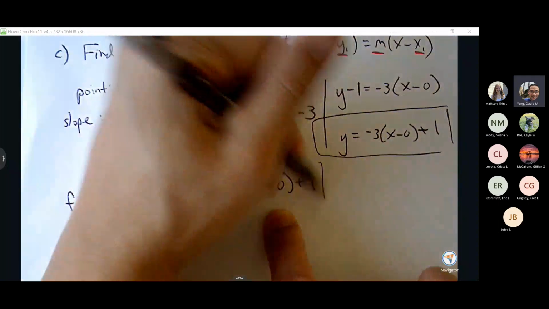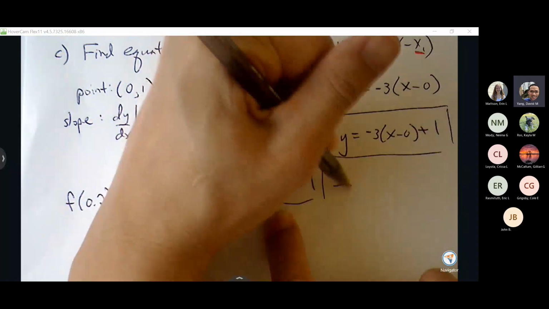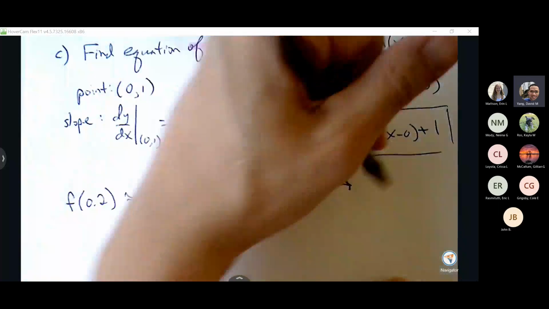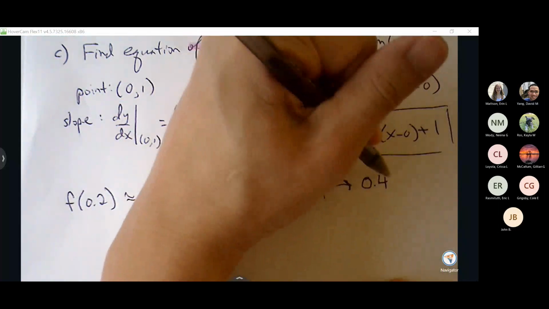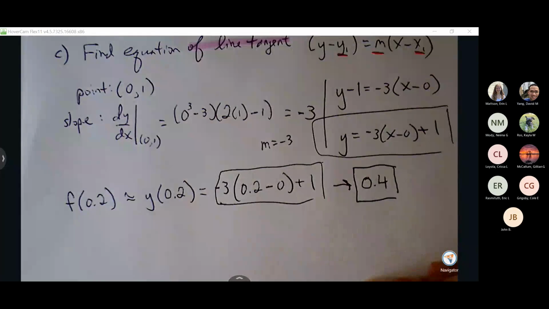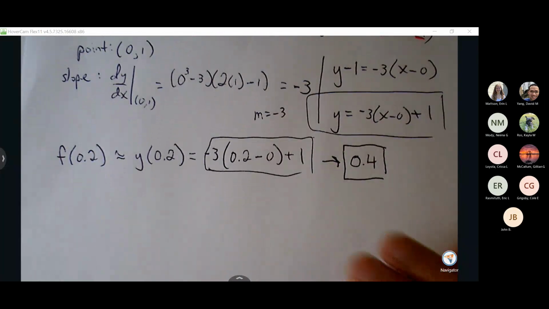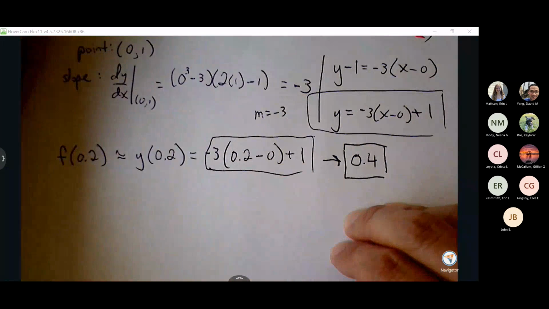You can leave it in this form, or you can plug it in the calculator and get that decimal value. Either is fine. Okay, questions?